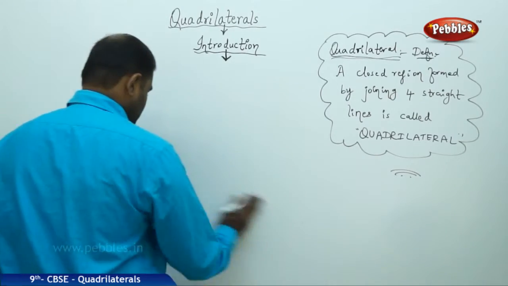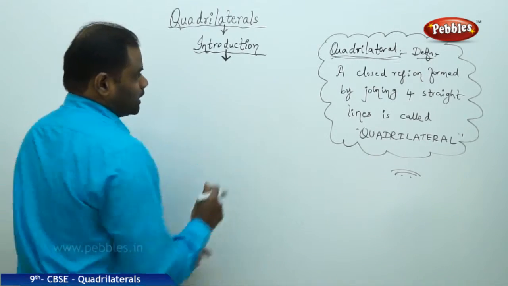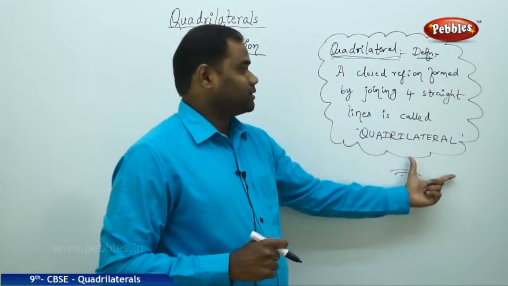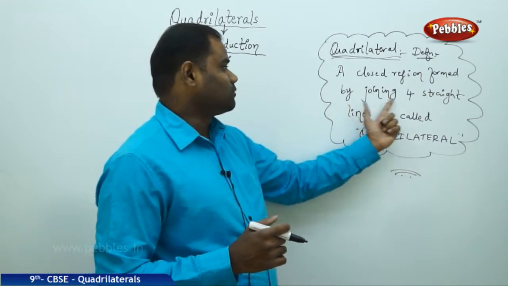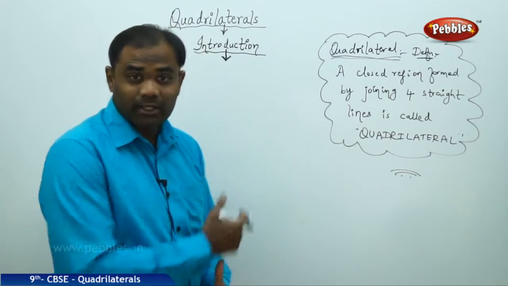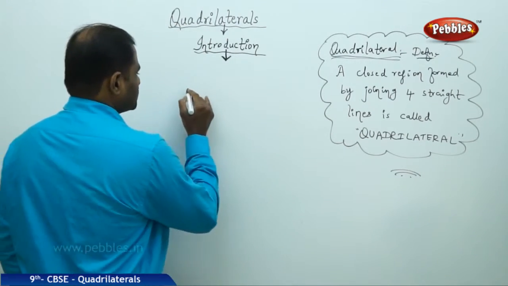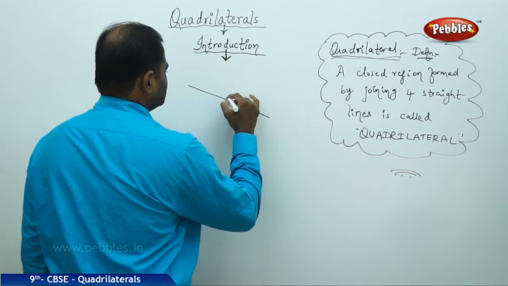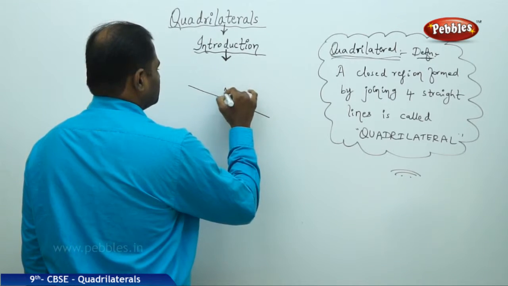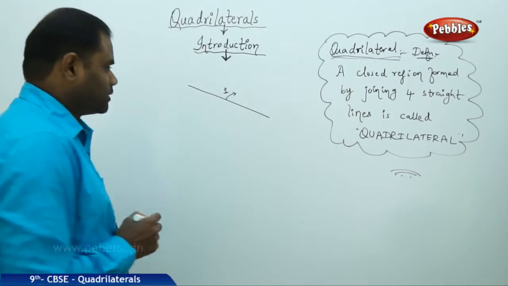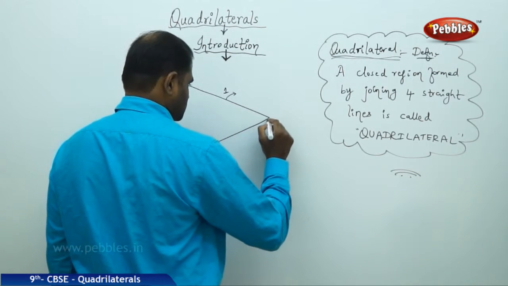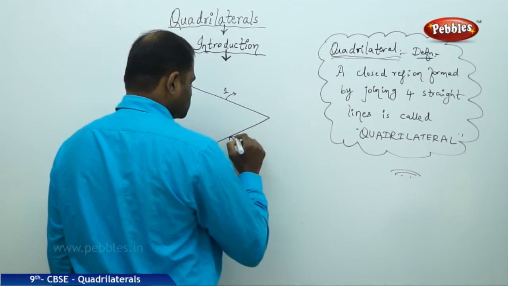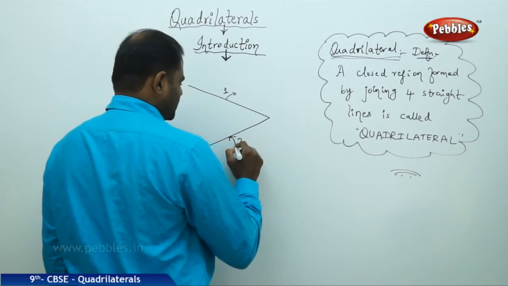Imagine I have 4 straight lines which are joined as given in the definition. As per the definition, I would like to form a closed region by joining 4 straight lines in this manner. Imagine I take line 1 and line 2 and put them in this order. This is line 2.